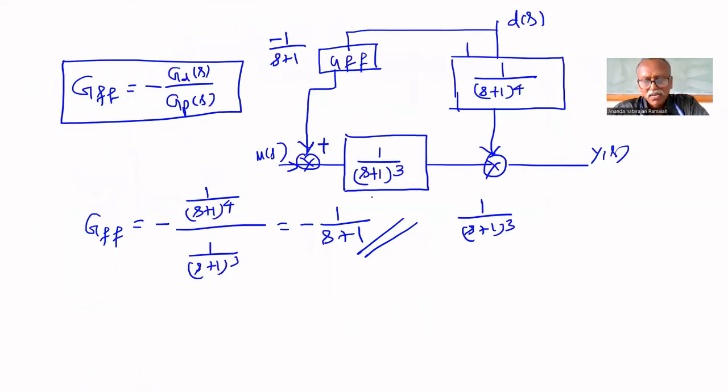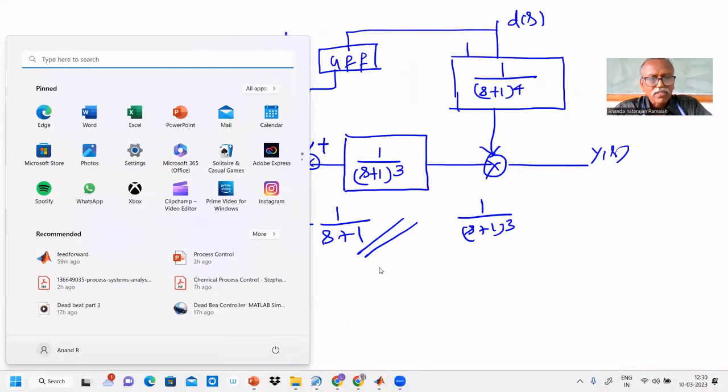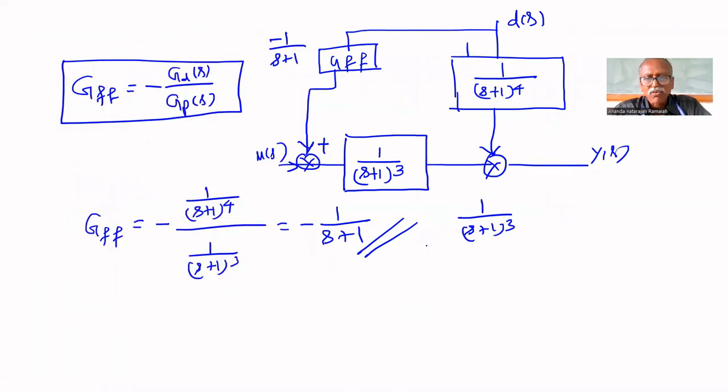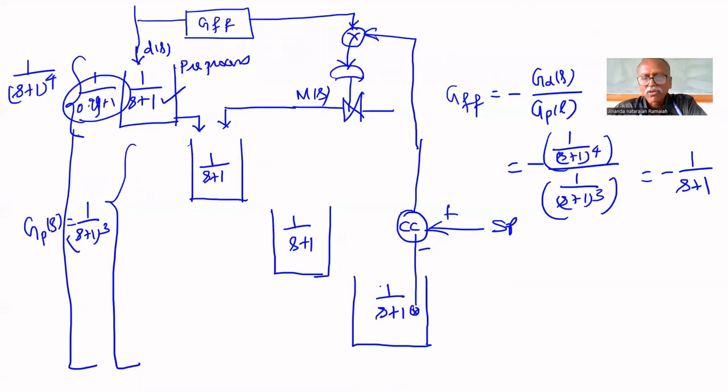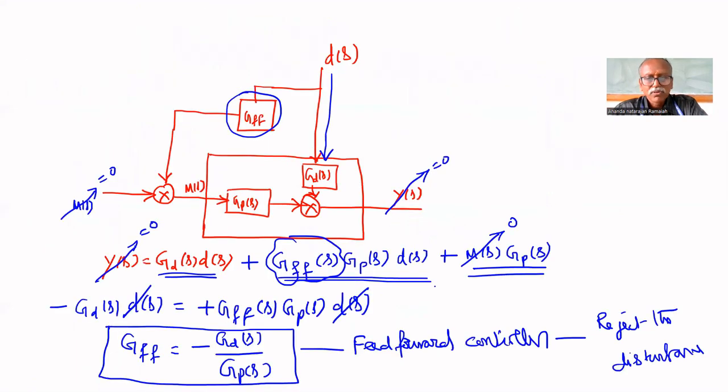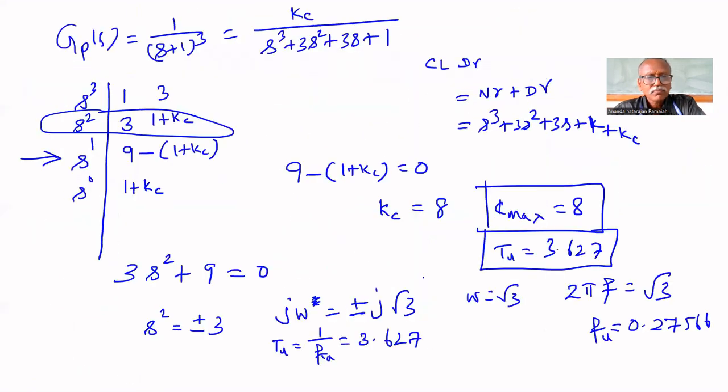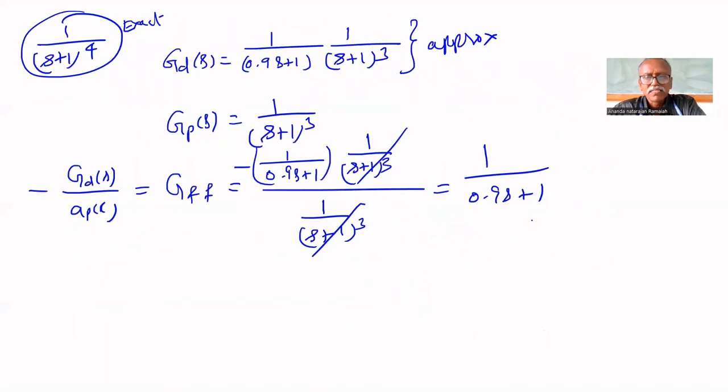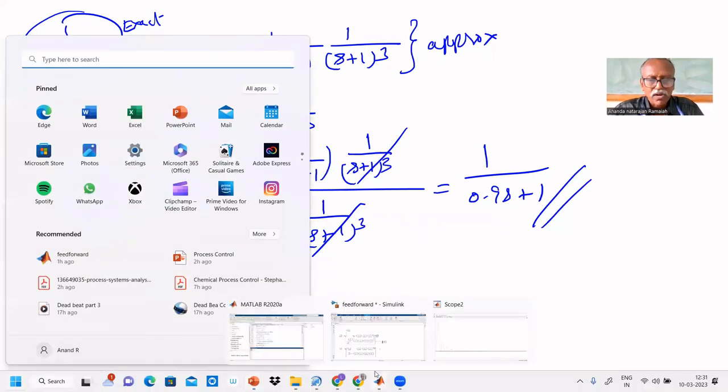Now let us check for that also. Therefore, GFF equals 1 by 0.9 S plus 1. Now let us check whether it works for the approximate model or not.